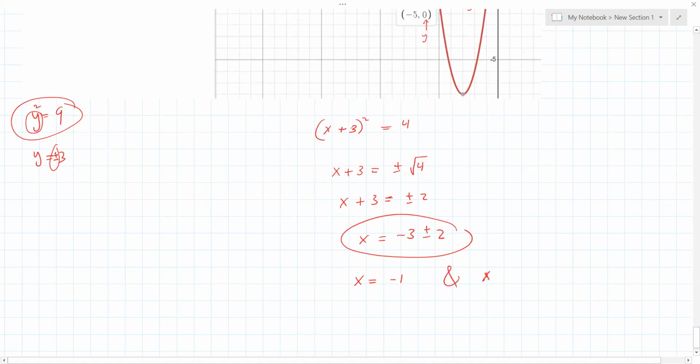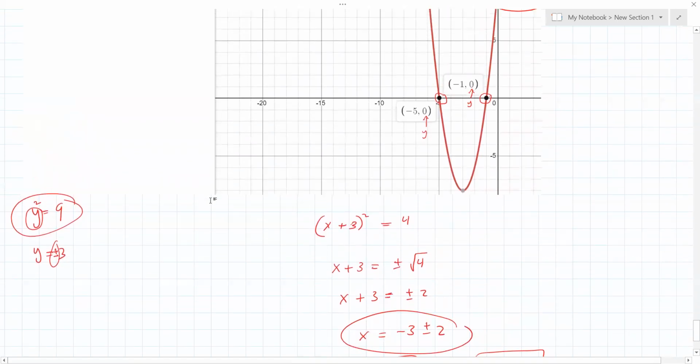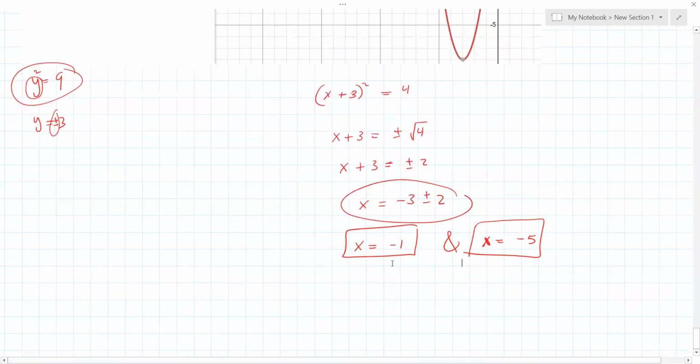And the other answer: now I will subtract, negative 3 minus 2. We get negative 5. And these are the x-intercepts, because we found them by replacing y with 0, and that's what we see clearly in the graph here. We have the x-intercepts (negative 5, 0) and (negative 1, 0). That's what I got, negative 1 and negative 5.